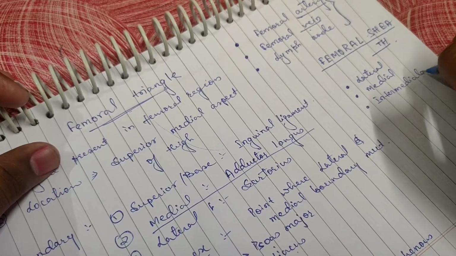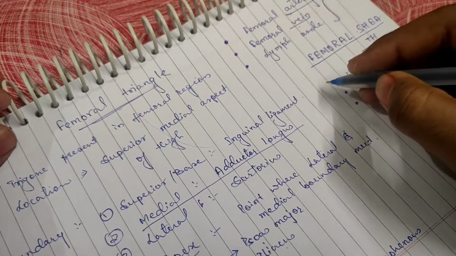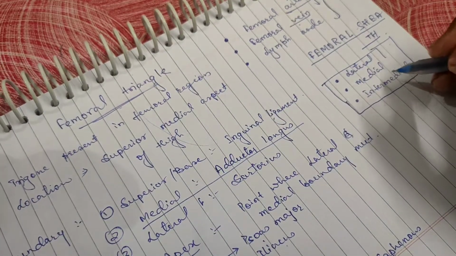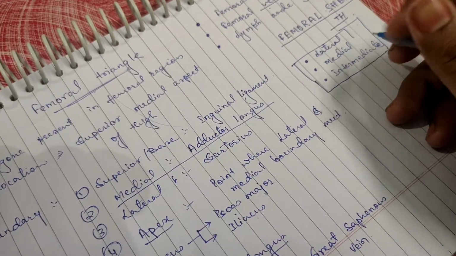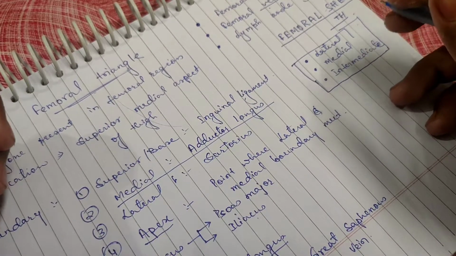Okay, so these are the three compartments into which the contents are divided. Now the clinical aspect of the femoral triangle is very easy. There is nothing much to remember. Infection of the lymph node of Cloquet leads to Rosenmuller swellings. Okay, this is just an important highlight, a short topic, so you should just remember this.